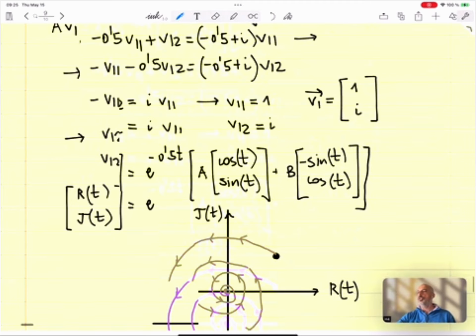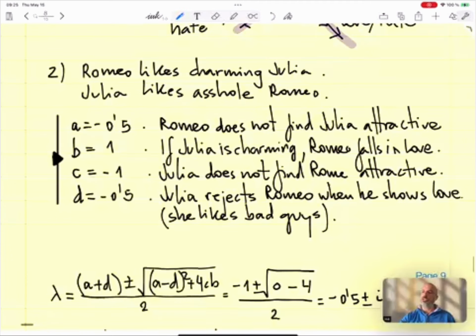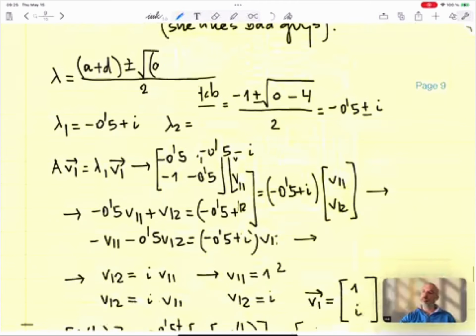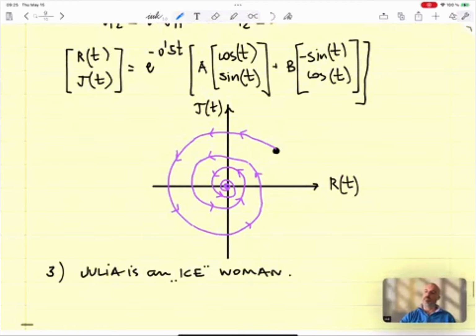So Julia does not feel. She just doesn't feel. And Romeo is like fire, okay? So c equals d equals 0.